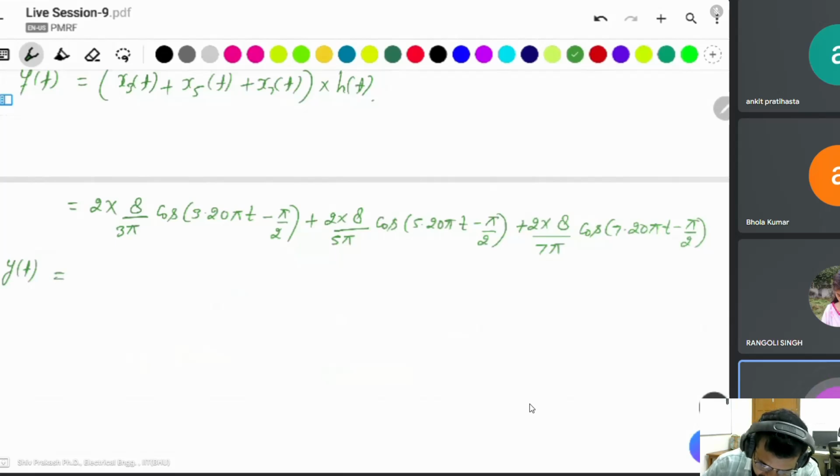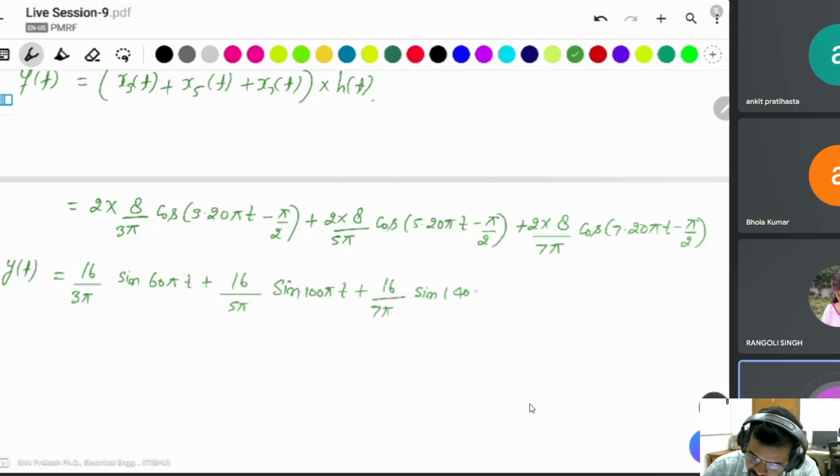Writing the waveform, it includes 16 divided by 3 pi cos of 60 pi t minus pi by 2, or you can take this as sine, since cos of omega t minus pi by 2 minus theta is sine theta: sine 60 pi t, plus 16 divided by 5 pi sine 100 pi t, plus 16 divided by 7 pi sine of 140 pi t.